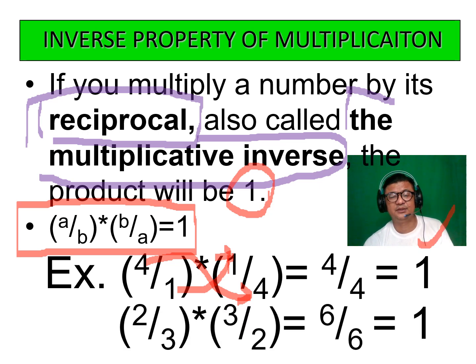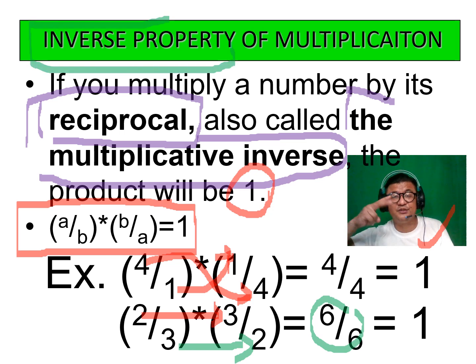How about the next one? 2/3 times the reciprocal, 3 halves, that becomes 2 times 3 is 6. At the bottom, 3 times 2 is 6. What is 6 over 6? Again, it's equal to 1. All right? So remember that. You call that inverse property. Inverse, you do the reciprocal. Inverse property of multiplication, and it results to a 1.